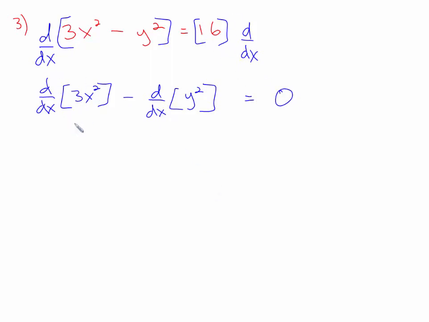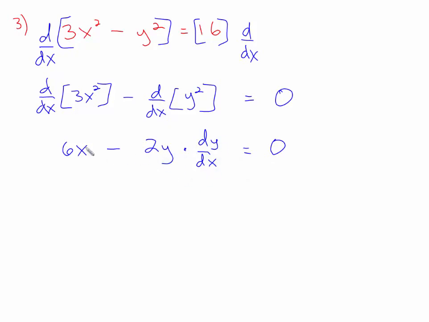Over here we end up with 6x. Then minus, now we're taking the derivative with respect to x of a y, so you know what needs to happen. We have a general power rule here, 2y times dy/dx. Anytime you're taking a derivative with respect to x of something with a y, you have to multiply by dy/dx. So equal to 0.